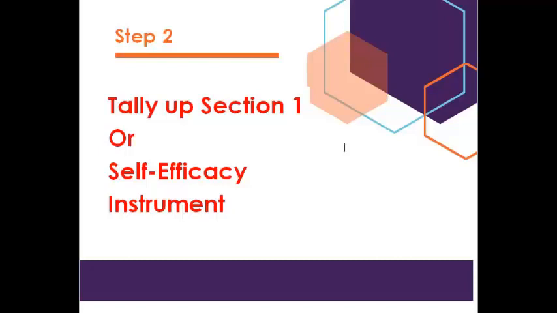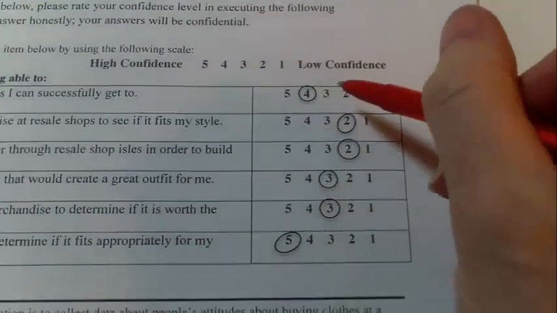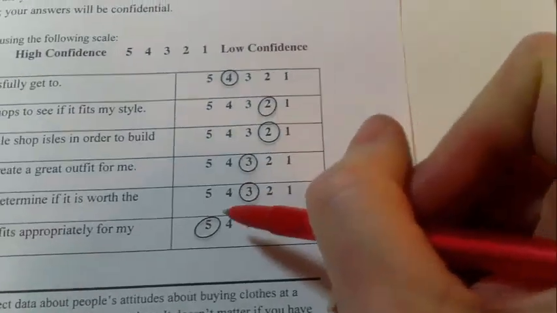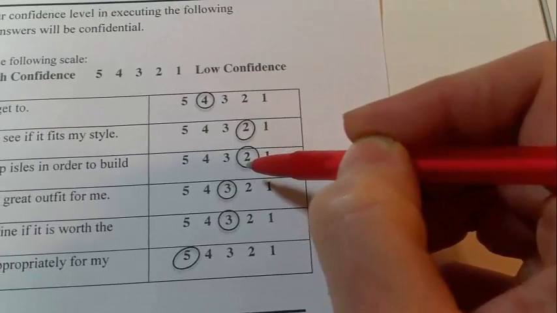So now you're ready to go on to step 2, which is to tally up section 1, or if section 1 isn't your self-efficacy instrument, then you want to focus on the self-efficacy section of your survey. And in order to tally up the self-efficacy section, all you are going to do is add the numbers within that section.